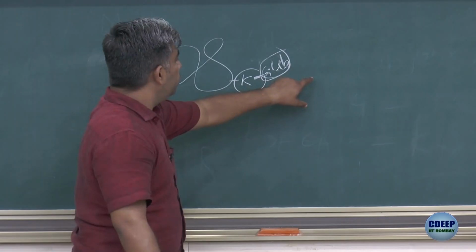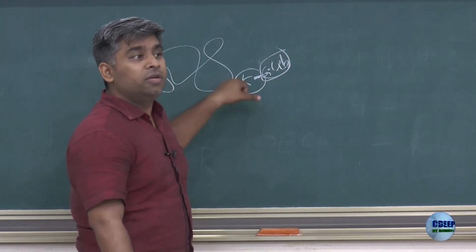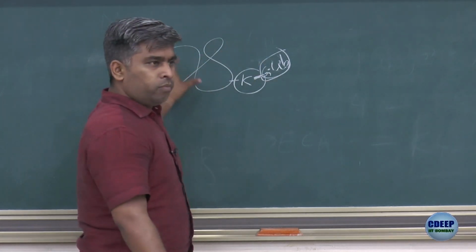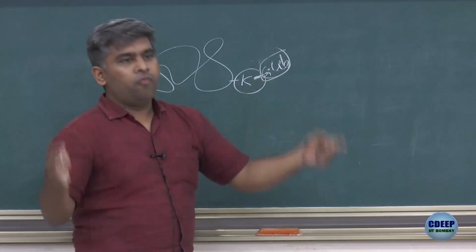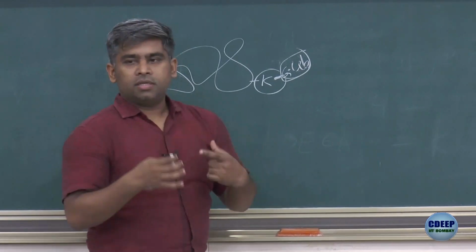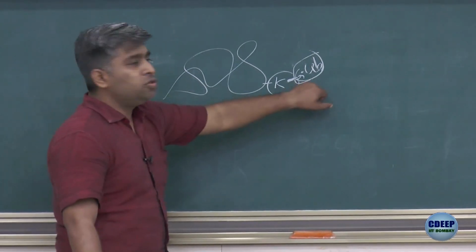Essentially this ubiquitin is attached onto the lysine of your target substrate protein. This lysine can be anything on the protein. There is a way to determine which lysine it is, but we are not going into detail. So let's understand, this is a protein which needs to get ubiquitinated.